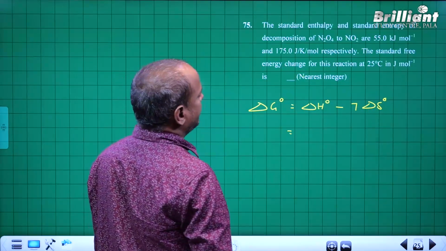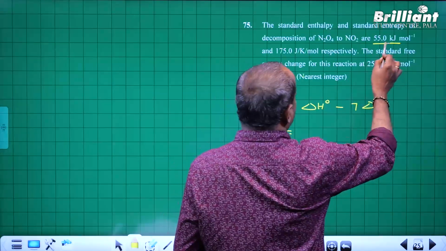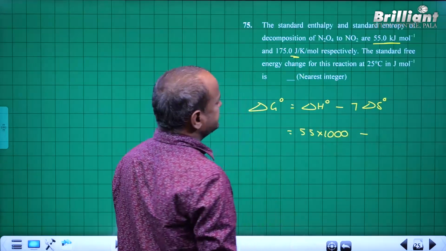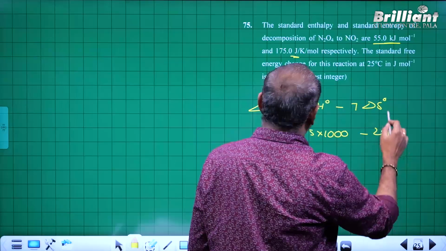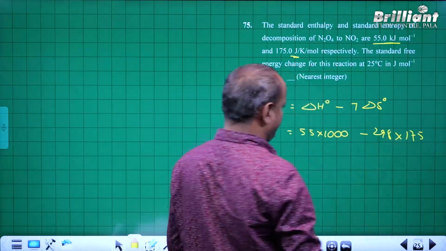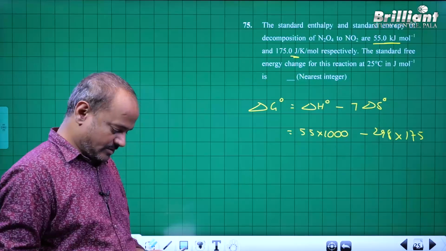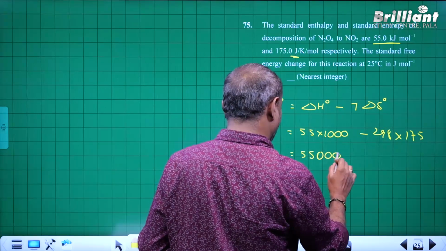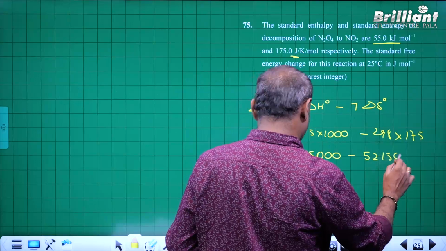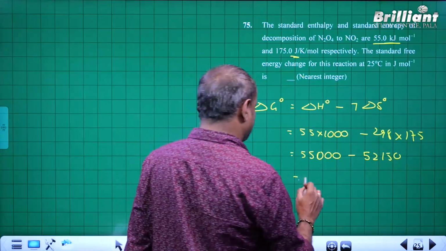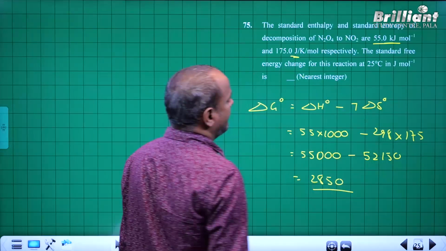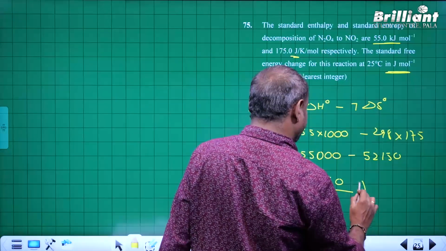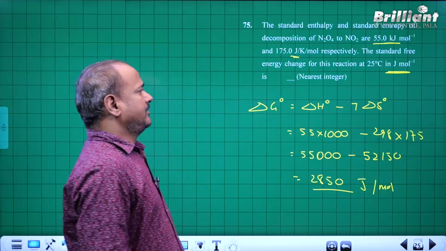Delta H naught, the standard enthalpy, is 55 kilojoule, so convert to joules: 55 into 1000 joules minus 298 into 175, that is 52150. The answer is in joules per mole. That is the final value.